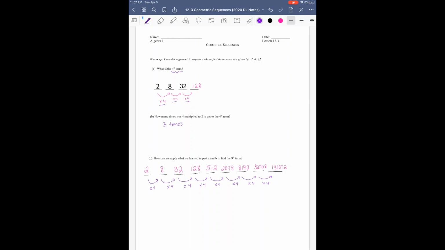We're going to look at a similar pattern with this last one. So let's think, how many times do I multiply by 4 to get to the ninth term? I multiply by 4 1, 2, 3, 4, 5, 6, 7, 8 times. So we multiplied by 4 8 times.